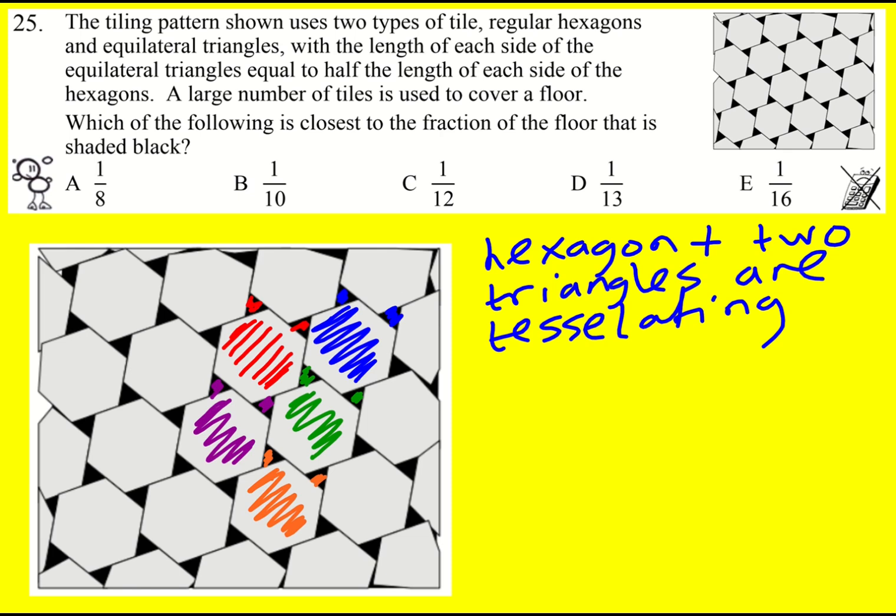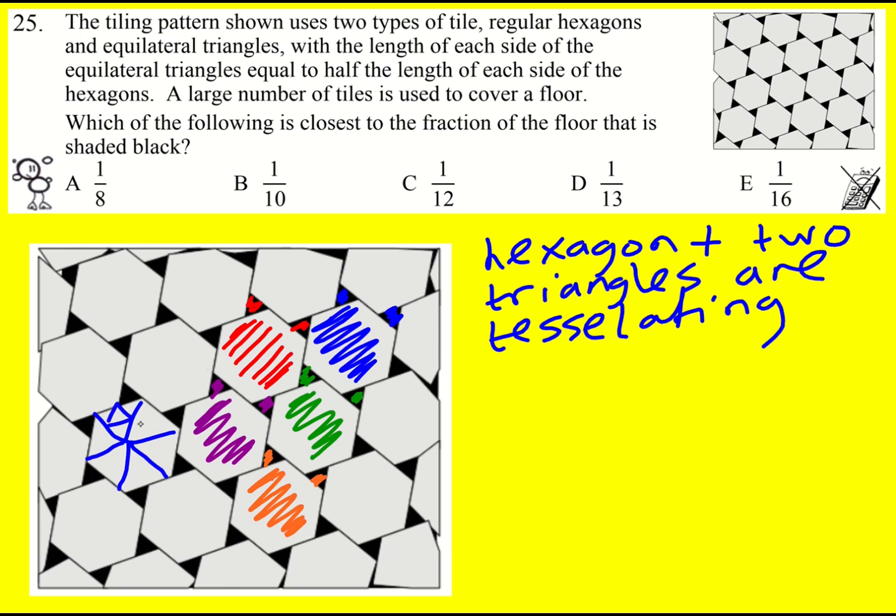Right, let's take a hexagon. So a key thing about a hexagon is that you can turn it into six equilateral triangles like this. Now, one of these black triangles is actually, you can see the length of it is half of this, which means we can split this up more into these smaller triangles.